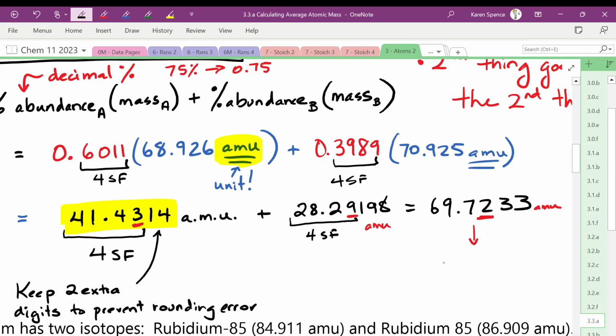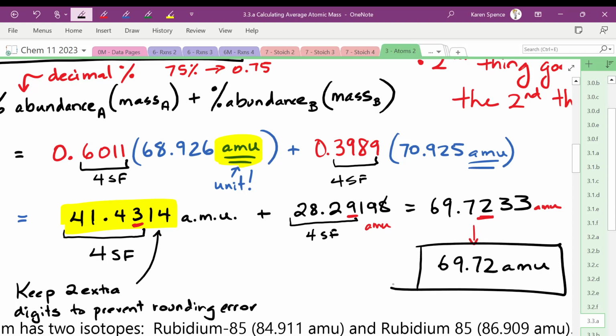And so our final answer will be 69.72 AMU. Fairly straightforward? Okay, excellent.